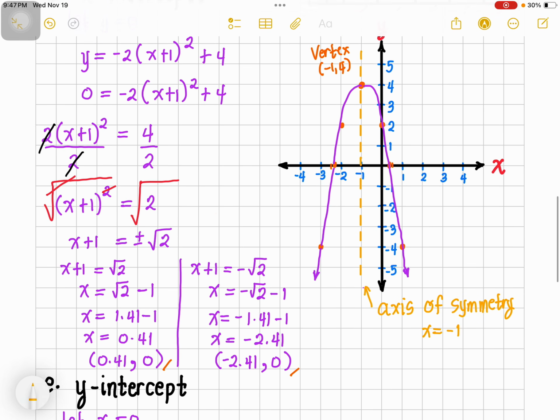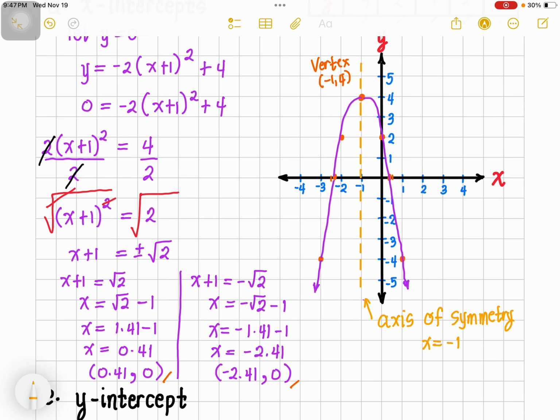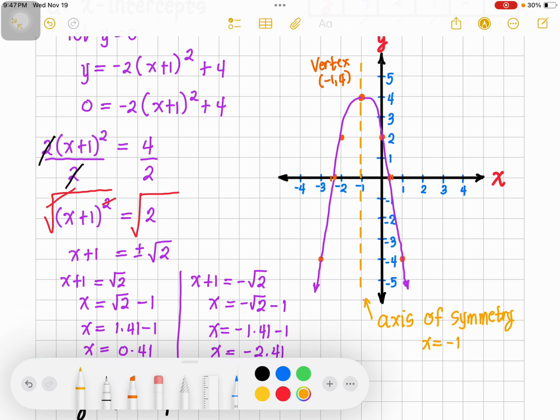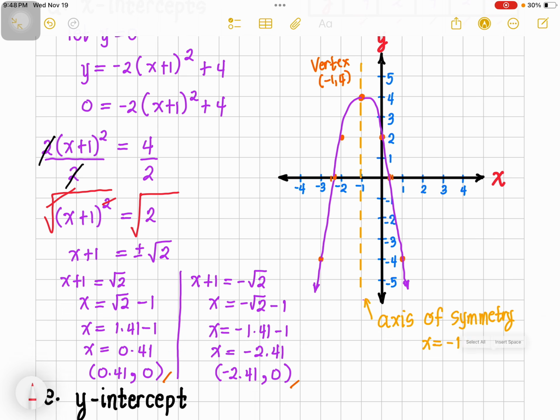So now, let's analyze the graph para makita natin or malaman natin kung ano yung range, no? So guys, kung makikita natin yung ating graph, so nandito siya. So mayroon tayong restriction hanggang 4 lang. So the highest value of y is at the vertex y equals 4. So guys, ito yung 4, no? Ayan.